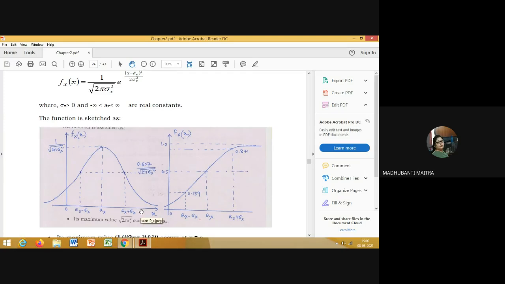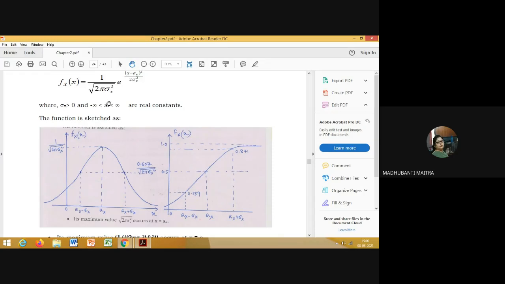That means a narrower one. Do you get my point? Whether this bell-shaped function is a wider one or a narrower one, how do we get that estimate?